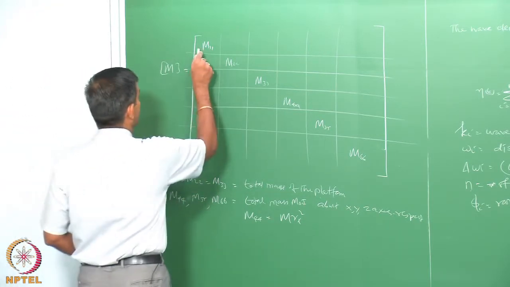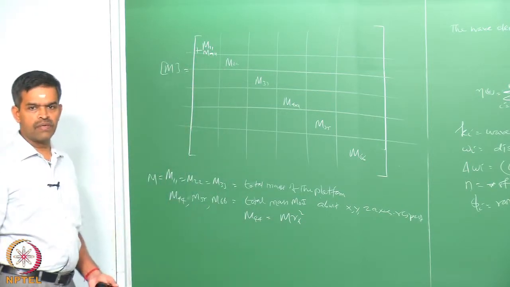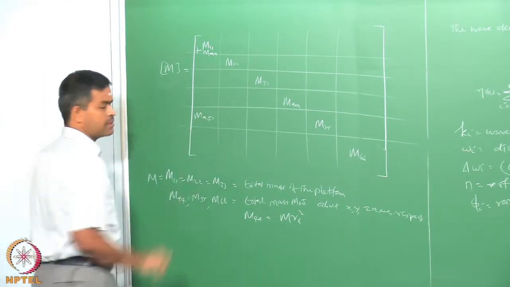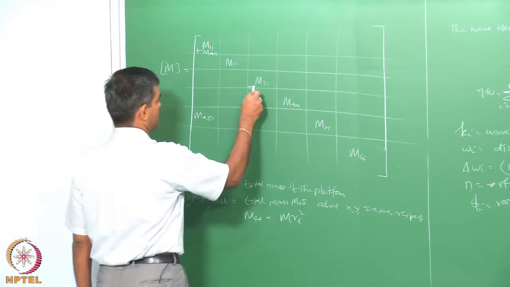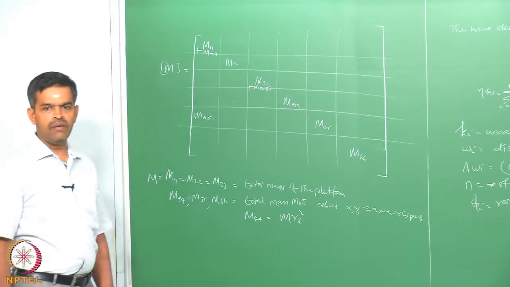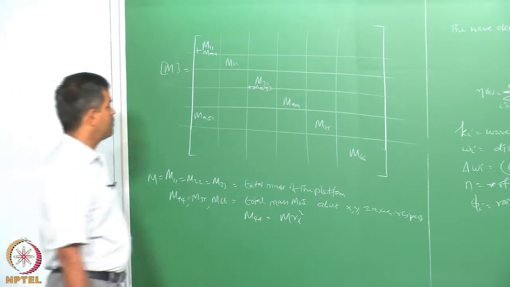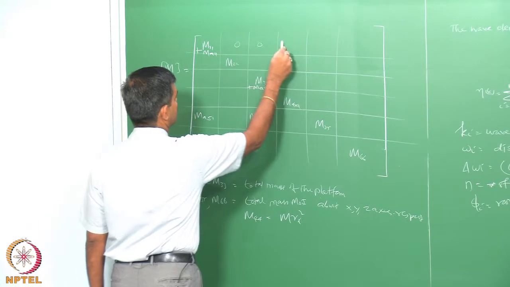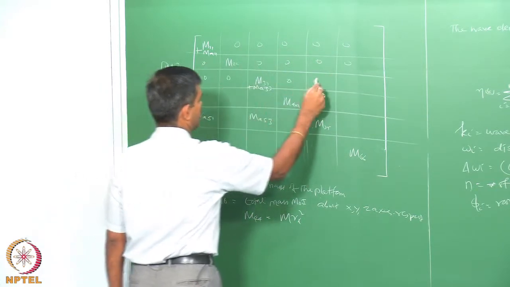So, we say plus MA11, that is going to be the added mass, and MA phi 1 the added mass. Similarly, because of the heave the displaced volume MA33 and MA phi 3. Remaining all terms which have not been indicated here will be marked as 0.